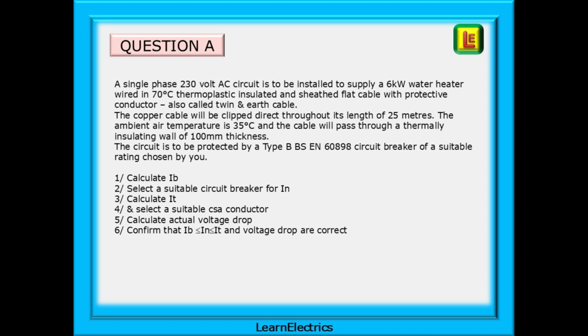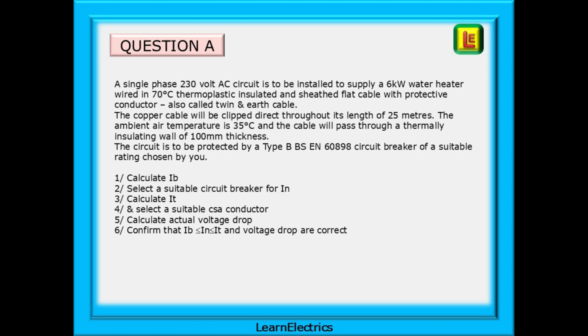The copper cable will be clipped direct throughout its length of 25 meters. The ambient air temperature is 35 degrees Celsius and the cable will pass through a thermally insulating wall of 100 millimeters thickness. The circuit is to be protected by a Type B BS 60898 circuit breaker of a suitable rating chosen by you.